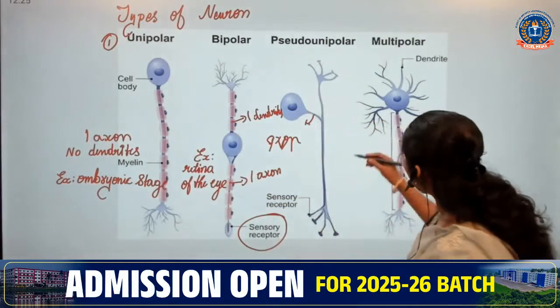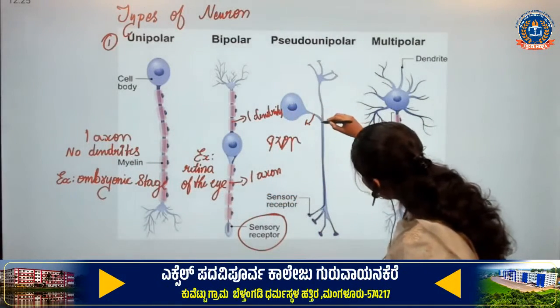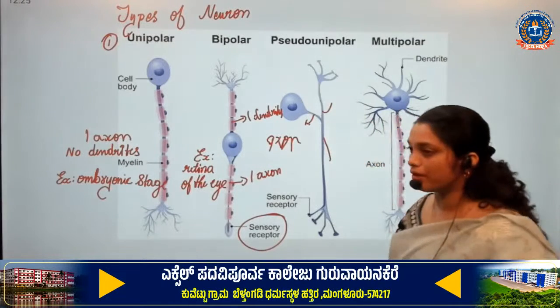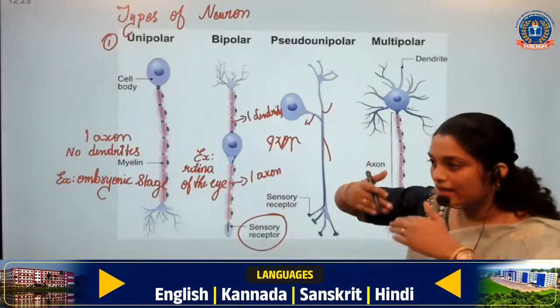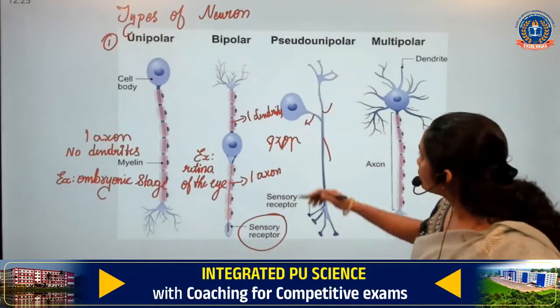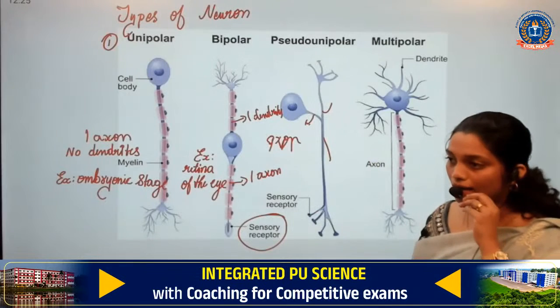This one axon came and it got divided into 2 regions. So it has one axon and the same axon has divided. Okay, so this is the pseudo-unipolar neuron.